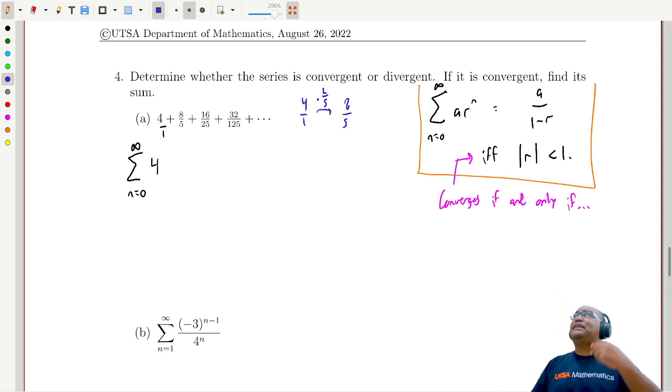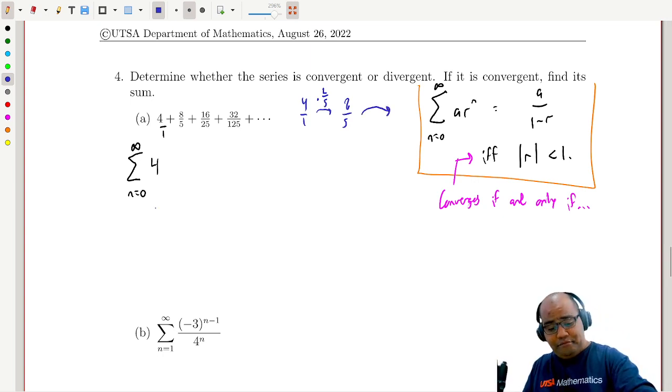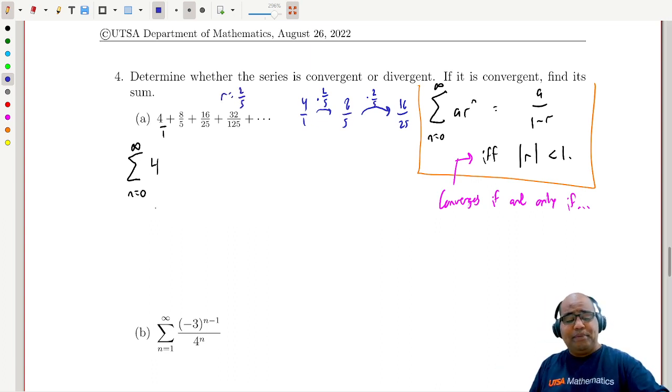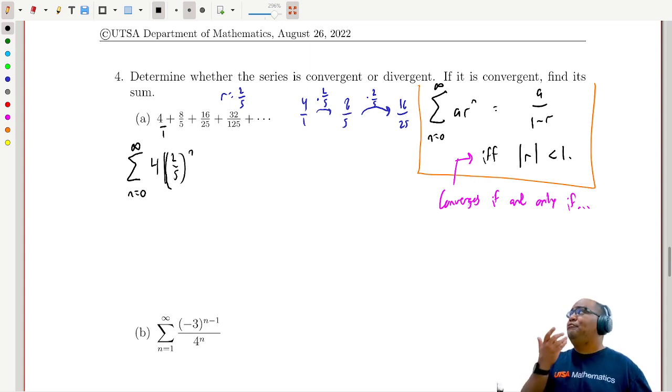And then I multiply again by 2 over 5 to get 16 over 25. So my common ratio here, r, is 2 over 5. So that is going to be the base of my exponent, and then I'm going to raise this to the nth power here.